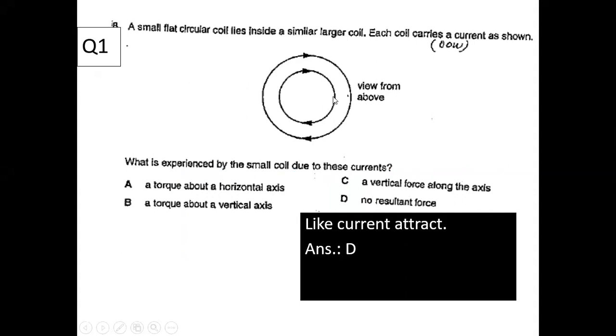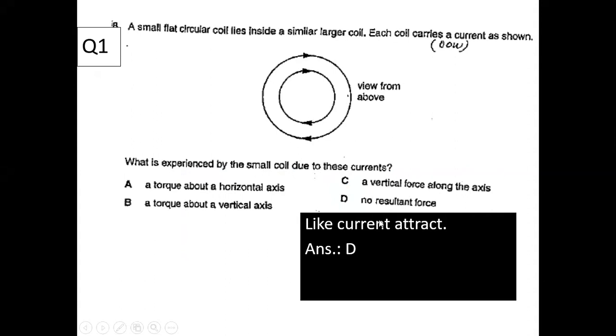That means the small circle is pulled out to the right here, and here the small circle is also pulled out to the left. So both forces are the same magnitude, because the distance is the same and the current is the same. We are just using like currents attract.